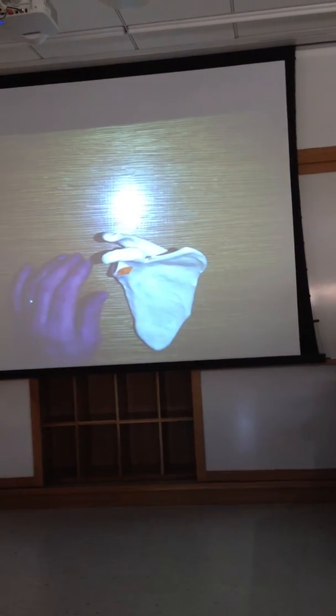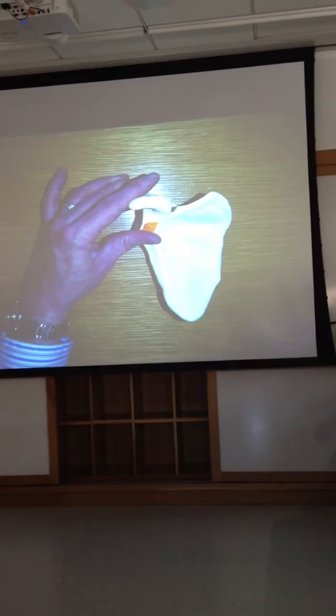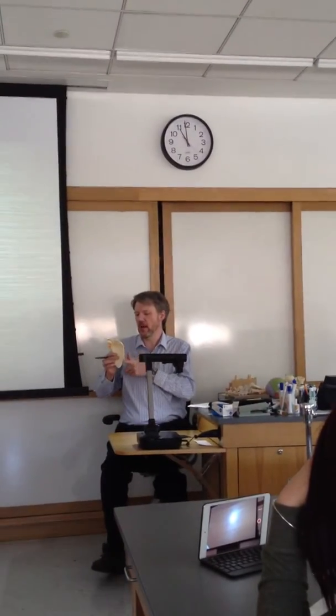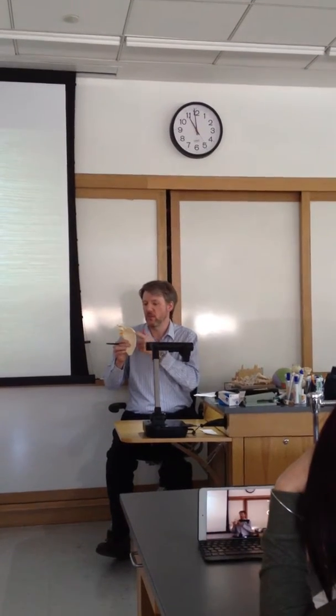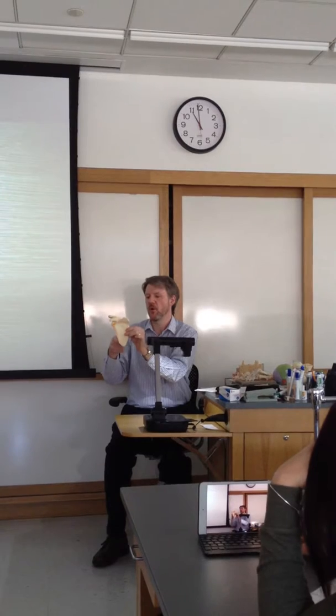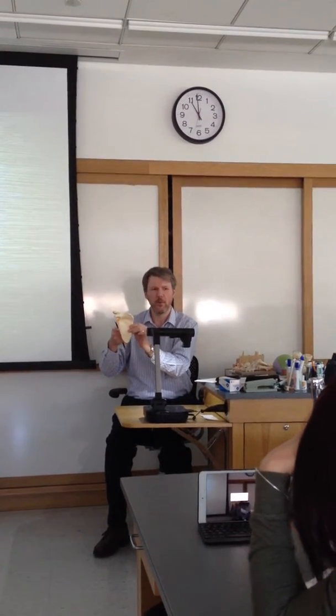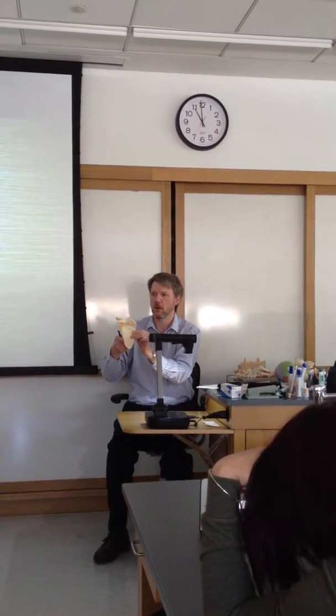Other parts: this part faces medially. Again, we're looking on someone like this. This border here is called the medial border or the vertebral border because it's closer towards the vertebrae. This border over here is called the lateral border or the axillary border. Does anyone remember what the word axilla is a fancy word for?